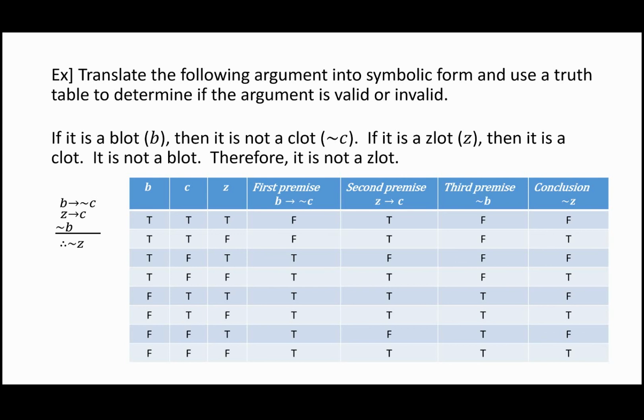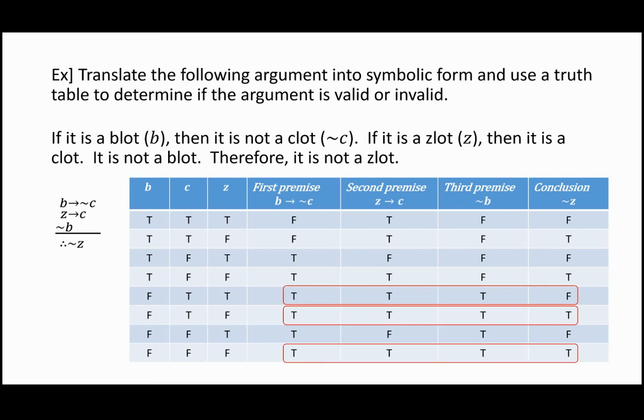The analysis is to circle all the rows in which all 3 premises are true at the exact same time. There are 3 cases in which this happens. True, true, true for first, second, and third premise, okay? Now, take a look at their concluding truth values. Notice that there is one instance in which the true, true, true premises have a false conclusion.